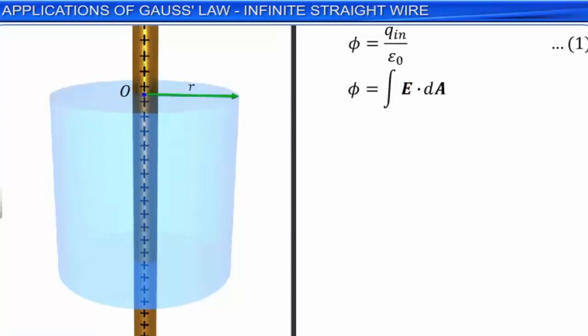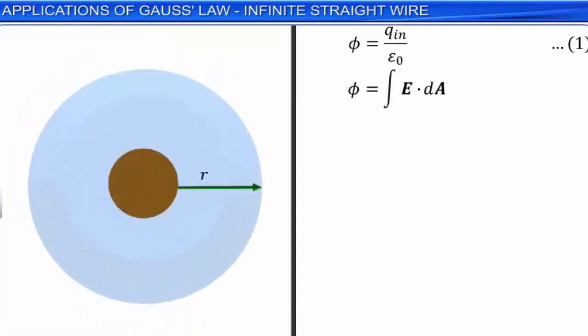At all points on the Gaussian cylinder, the electric field strength E is perpendicular to the curved surface of the cylinder, since the electric field due to the charged wire points away from the positively charged wire as discussed earlier.